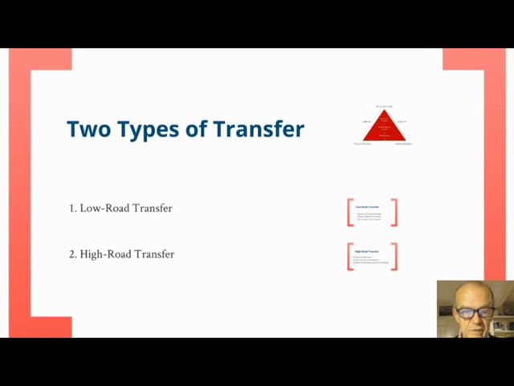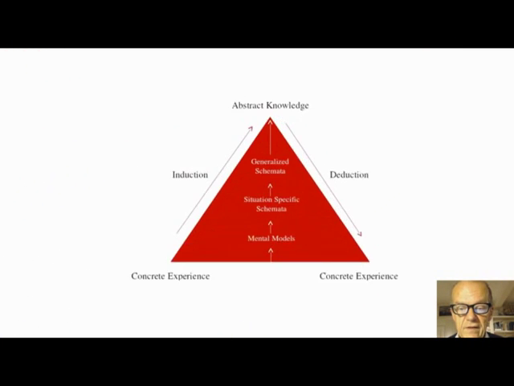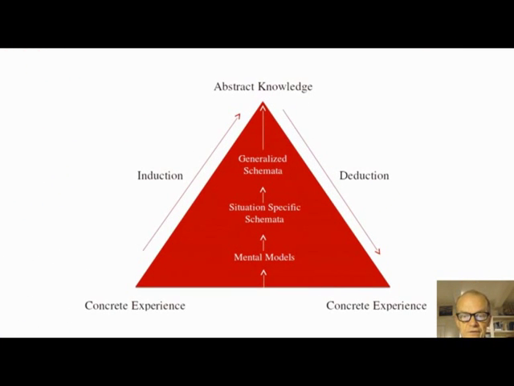As it is already shown here, we make a distinction between low road transfer and high road transfer, terms originally developed by Salomon and Perkins back in the 1980s. In order to understand the difference, it's easy to have a look at the so-called learning triangle.